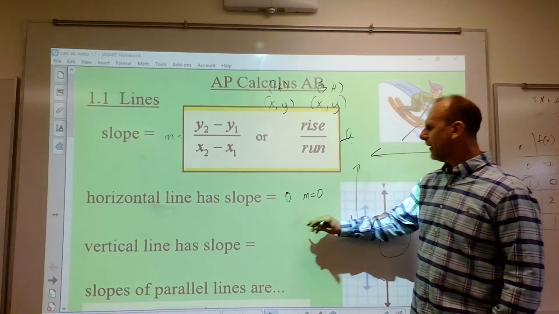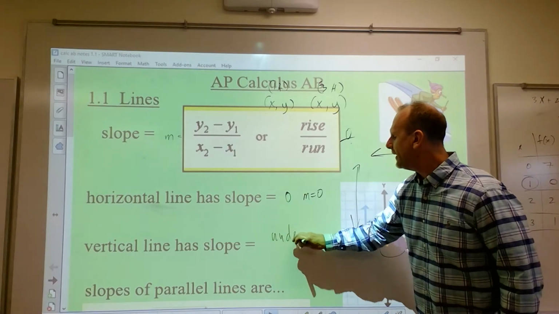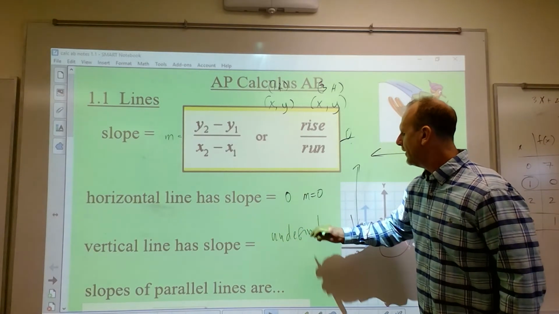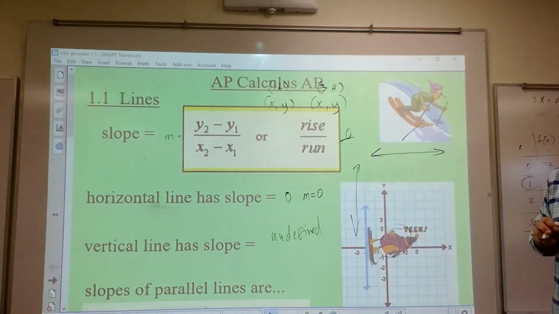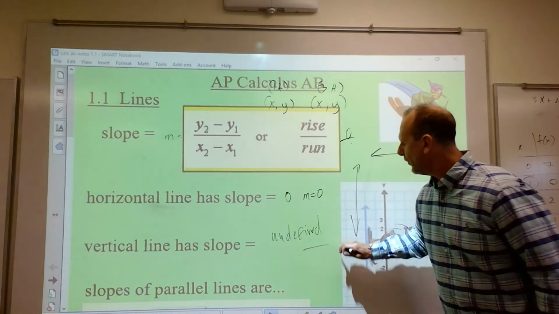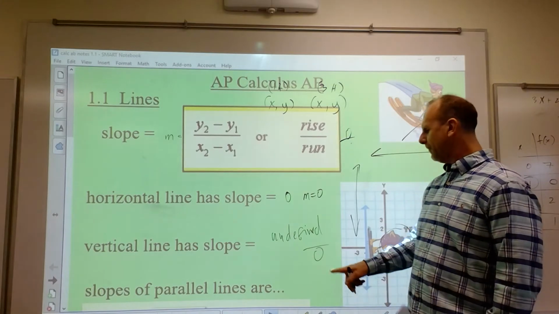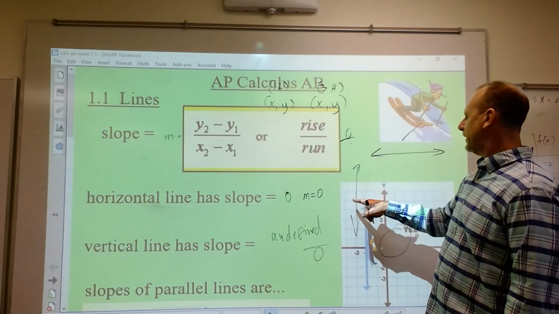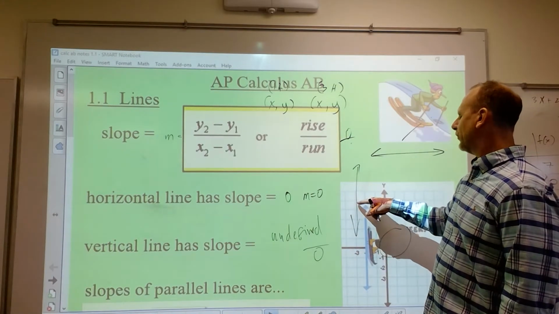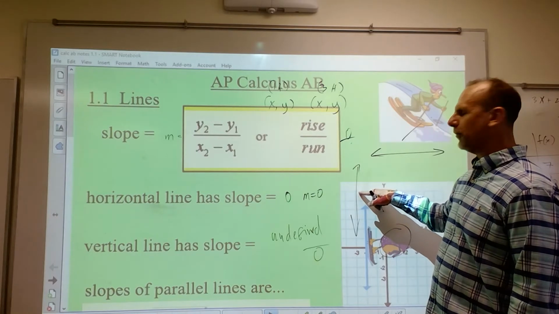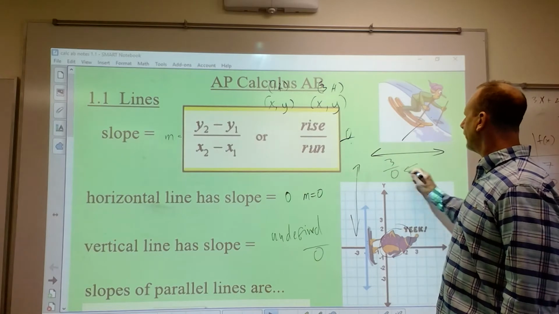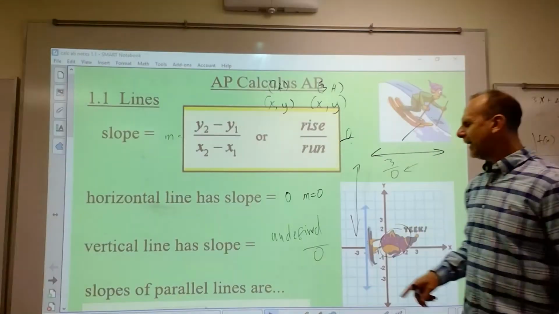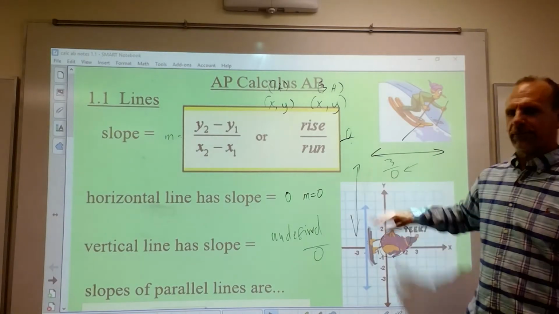No slope, or they call it undefined slope, and usually that is when you have a 0 on the bottom. So it would be rise 2, run 0, or whatever, 3 over 0. Anything over 0, undefined slope, can't go over 0.